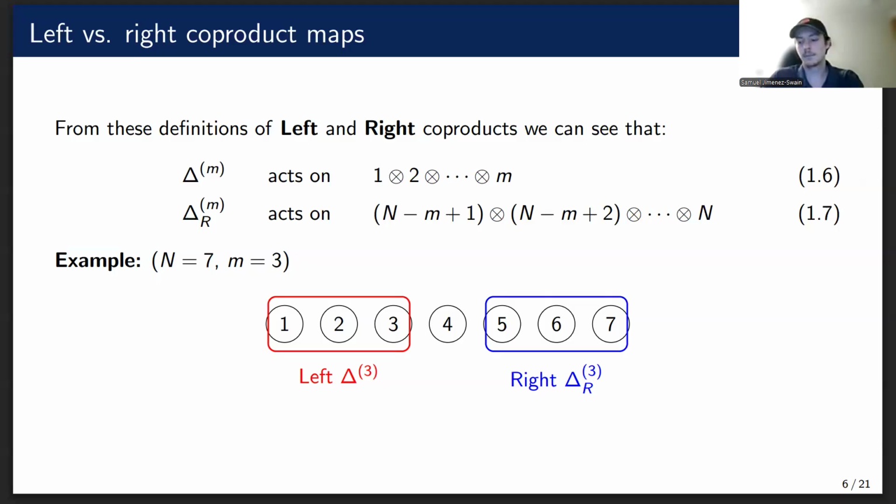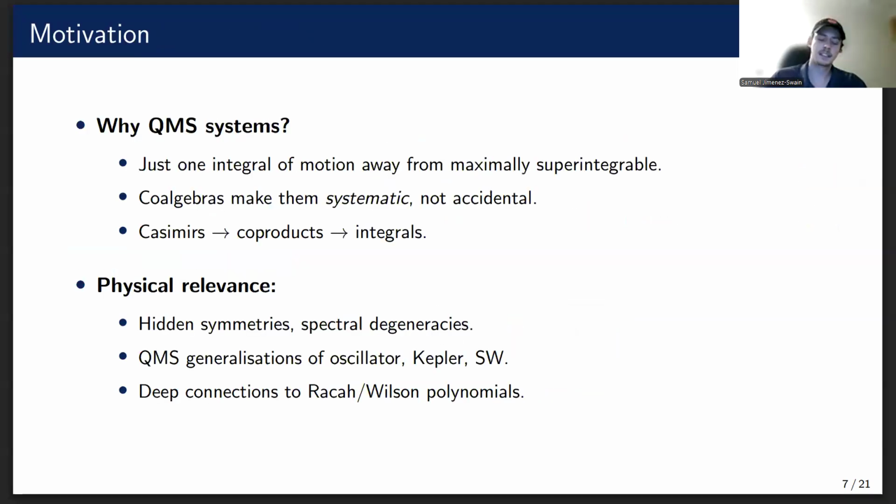So now, why should we study QMS systems when they're not quite as nice as maximally superintegrable systems? Well, there's a couple reasons. First is that with just one less integral of motion, they're still highly symmetric and have a very rich dynamical structure worth studying.